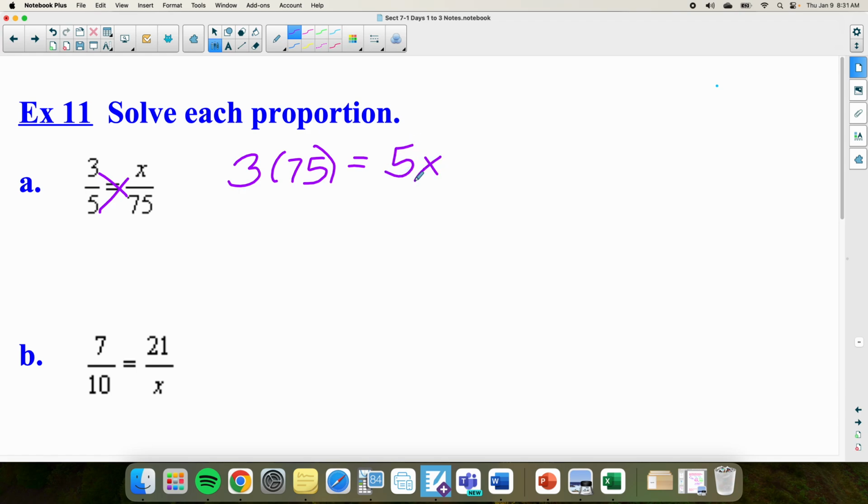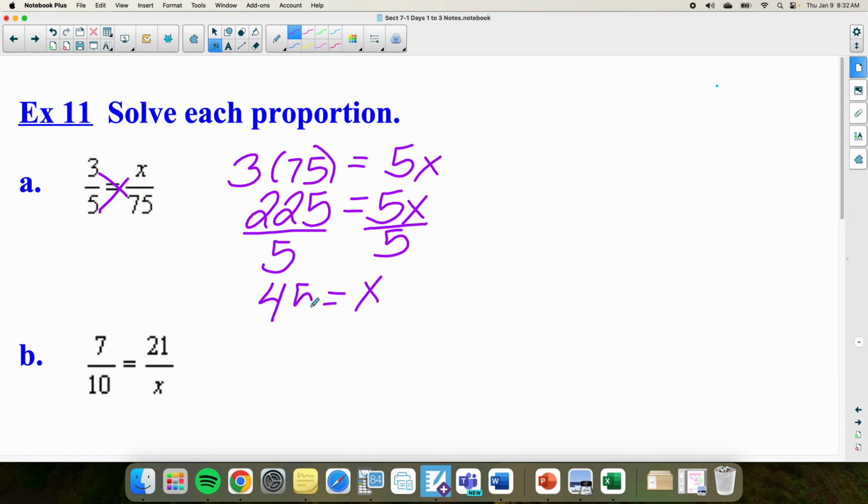And then you could go ahead and solve that. 3 times 75 would be 225 equals 5x, and you would divide by 5 then, and x would be 45, okay? And there's absolutely nothing wrong with doing it that way.